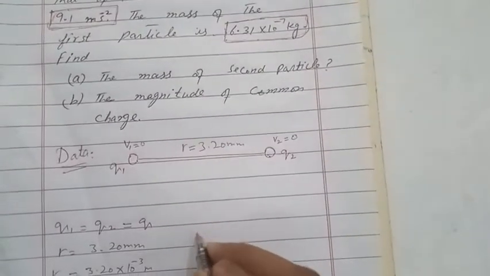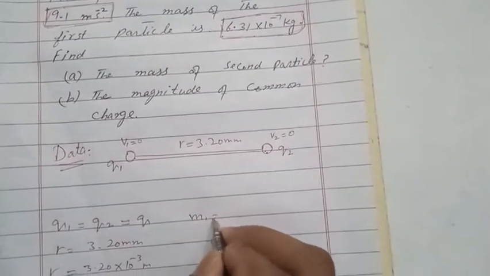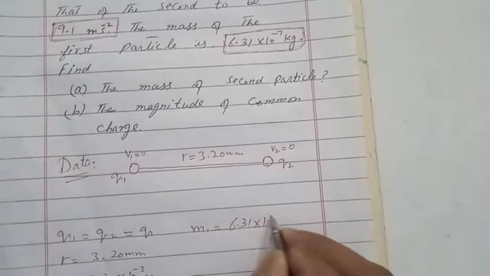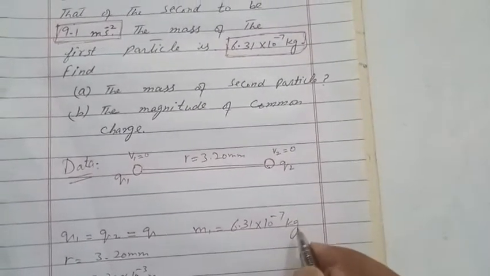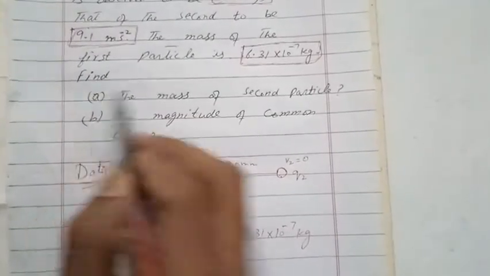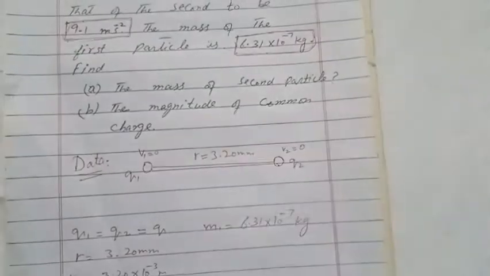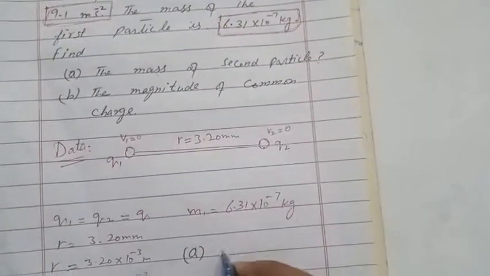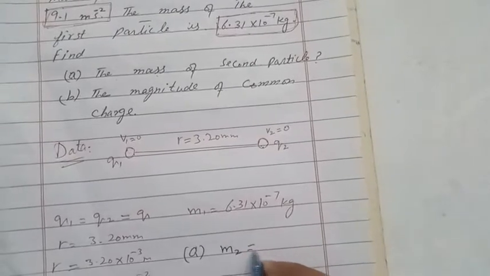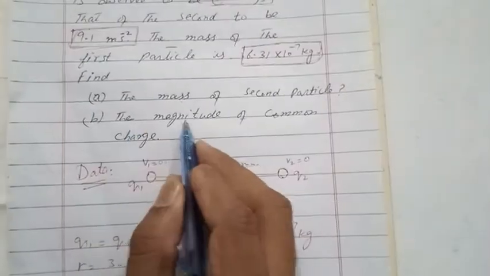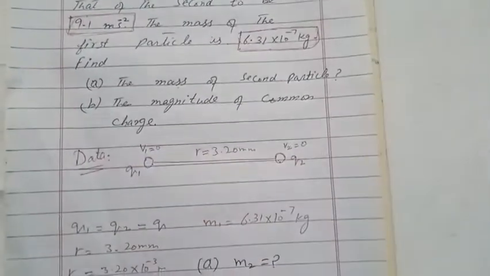So mass of the first particle m1 is equal to 6.31 into 10 to minus 7 kilograms. Now we are asked to find the mass of the second particle, we name it as m2. So we have to find the value of mass m2 and the magnitude of the common charge, and we want to calculate the common charge q.